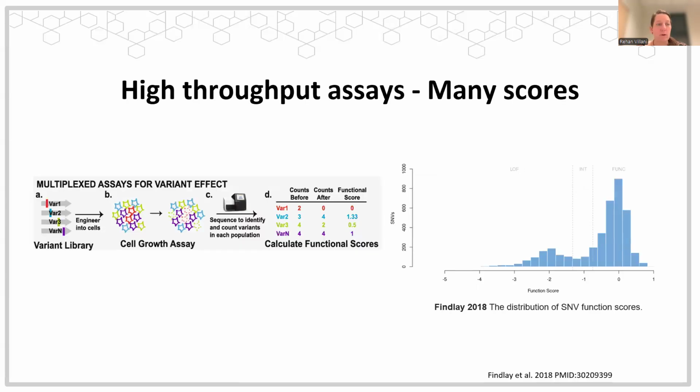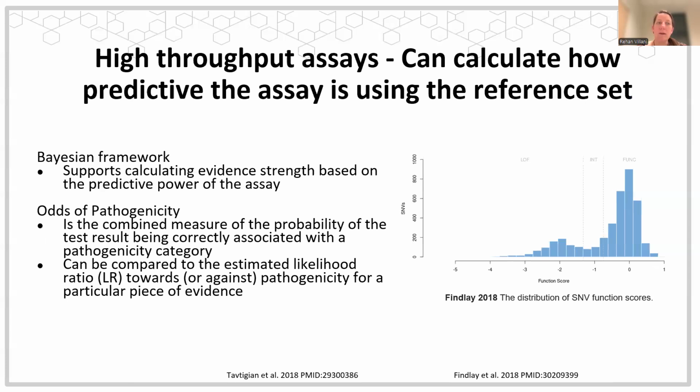High throughput assays, how do they work? Usually a number of different variants are introduced, and the output is a score for each of those specific variants that you've assayed. On the right, you can see the distribution of the functional scores in this Findlay assay. You can also see in this assay that the scores have been categorized into three separate categories: loss of function, intermediate, or functional. With a high throughput assay, you can calculate how predictive the assay is, or how predictive each of those assay categories is, using the reference set.